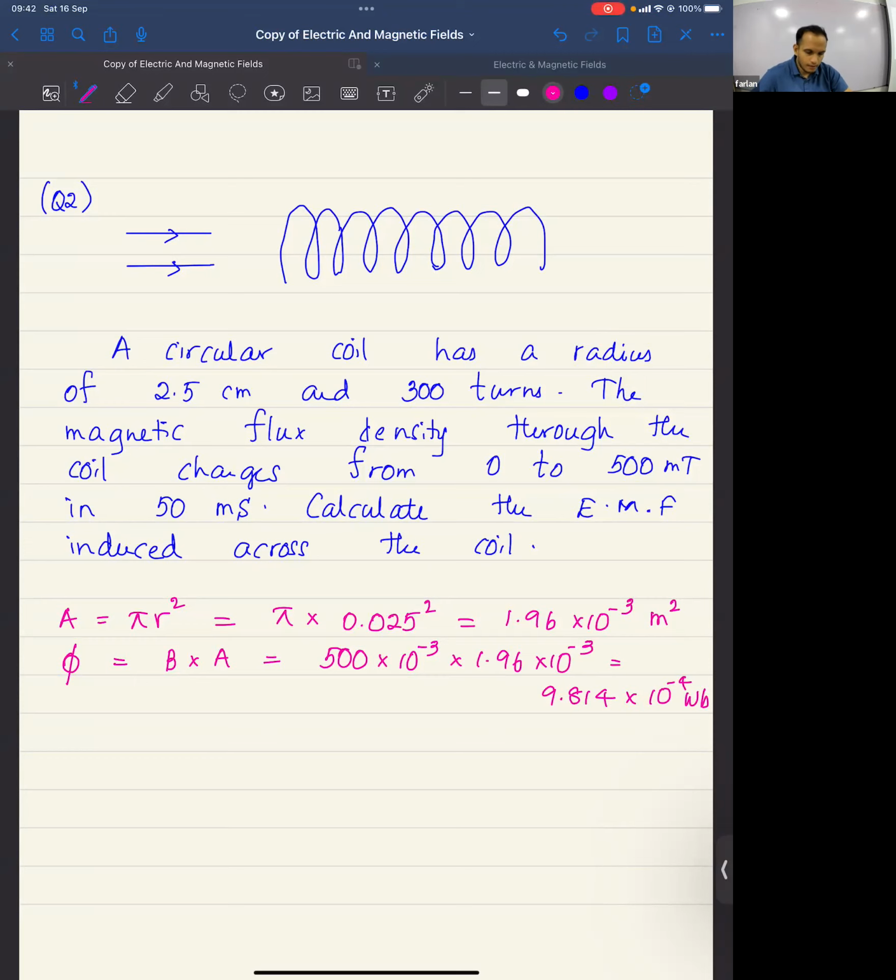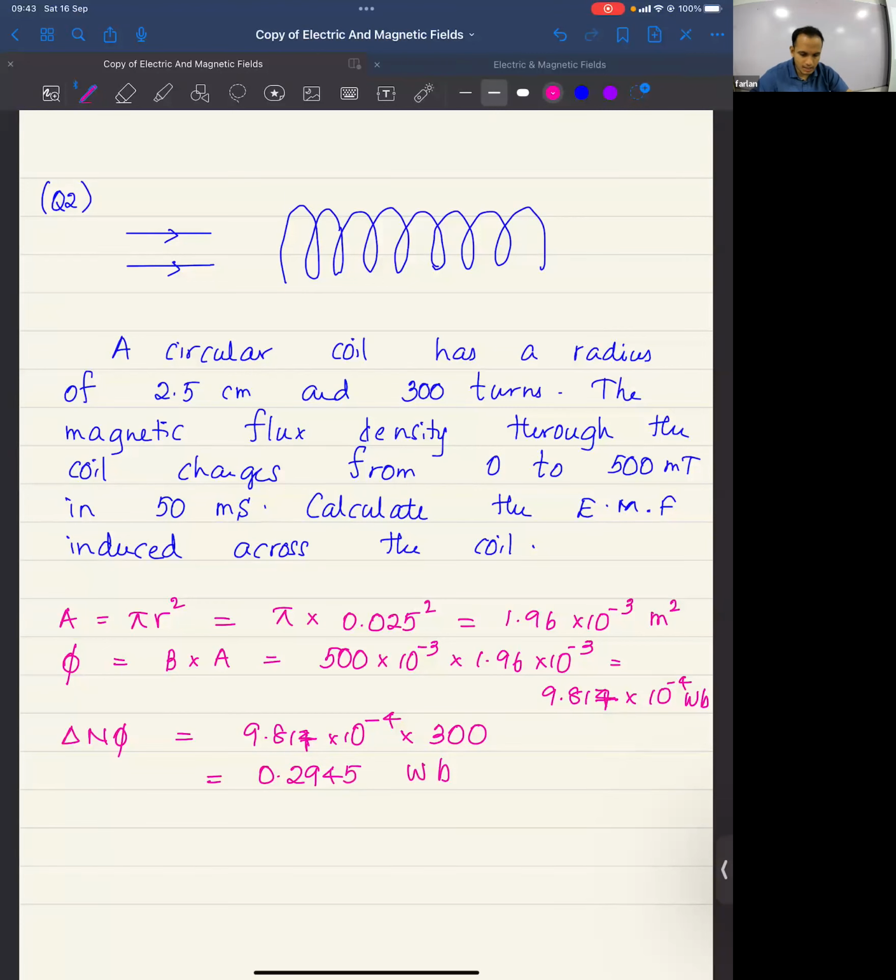When the flux density changes from 0 to 500 millitesla, this is the magnetic flux. So the change in flux linkage will be this 9.817 into 10 to the power minus 4 multiplied by the number of turns, which is 300 turns. That multiplied by 300 will give you 0.2945 Weber.